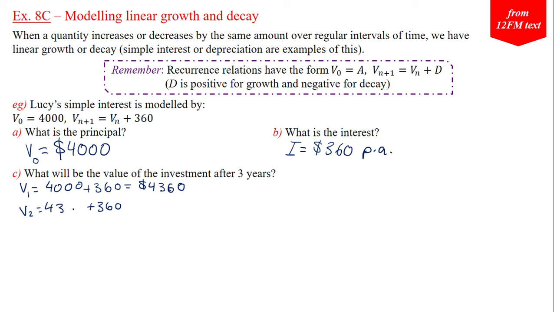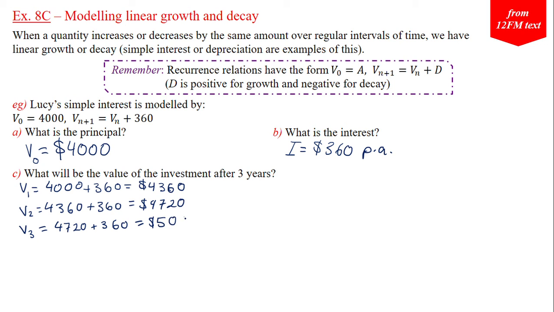So 4,360 plus 360 gives us $4,720. Finally, the answer we're looking for, V3, so the value of the investment V after 3 years, is 4,720 plus 360, which gives us 5,080.